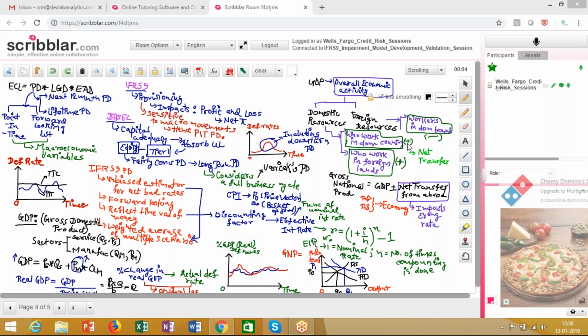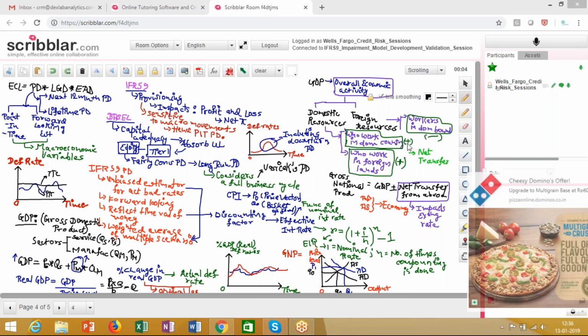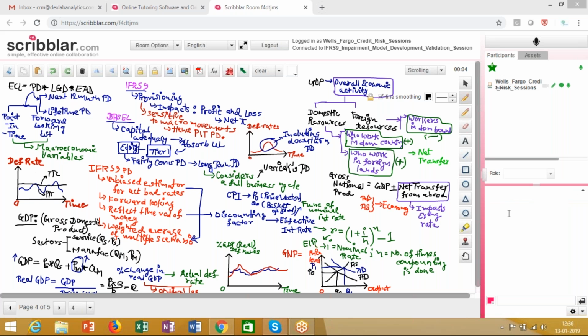And the moment that it is done, what we have over here is a more accurate measure of the income which has been generated by the resources of the economy within a given period of time, right?